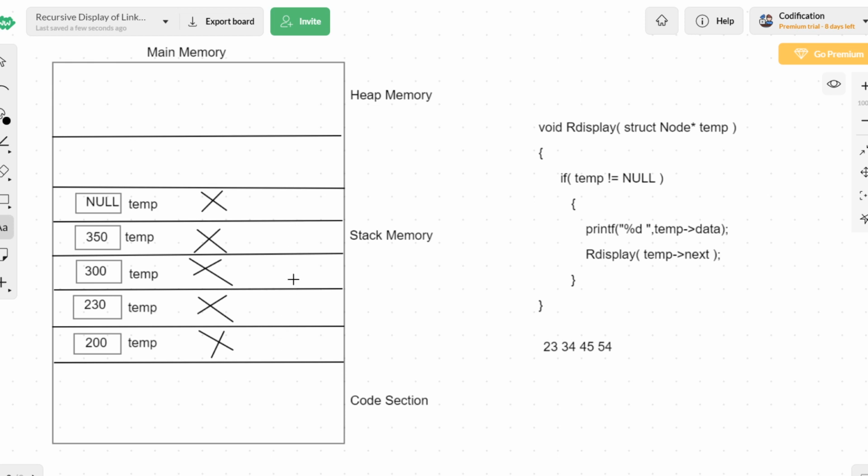Each and every activation record has one block. So totally how many blocks created? N plus 1 blocks created. For every block, 1 unit. So n plus 1 blocks, n plus 1 units of space.